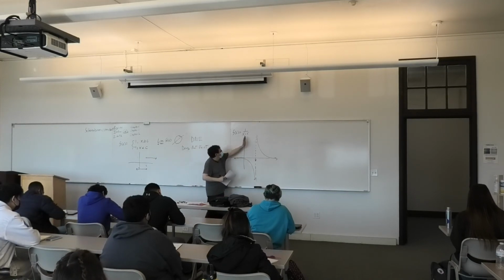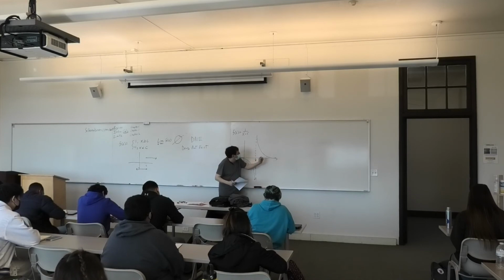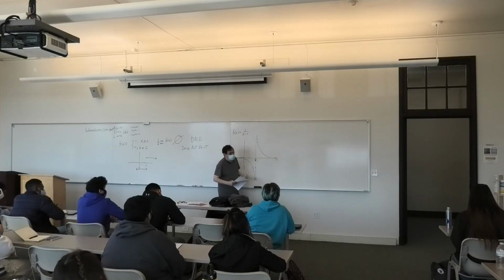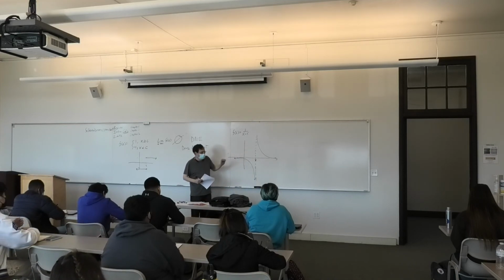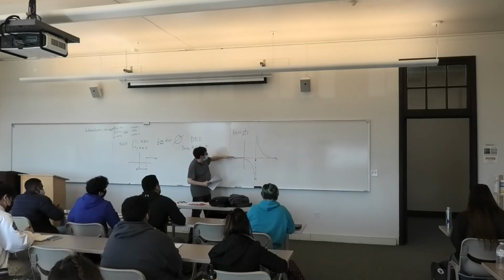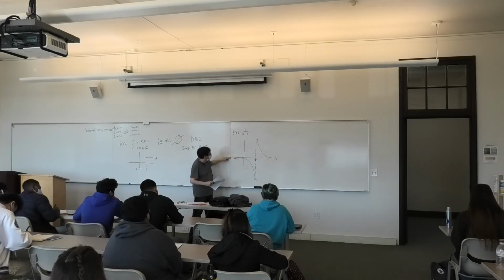If I put in a number greater than 5, it's positive, and for very large x, it's going to go to 0. That's a horizontal asymptote. The same thing if you get very negative, it's going to get very close to 0, but coming up from the negative side.